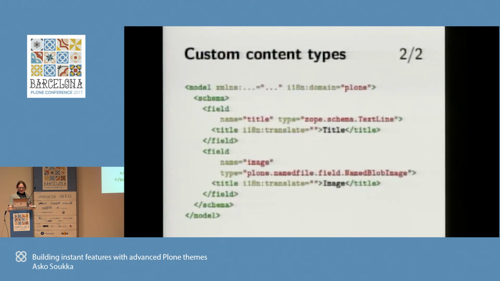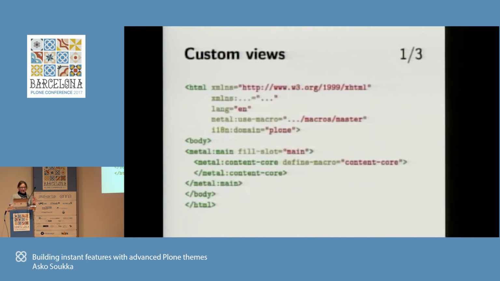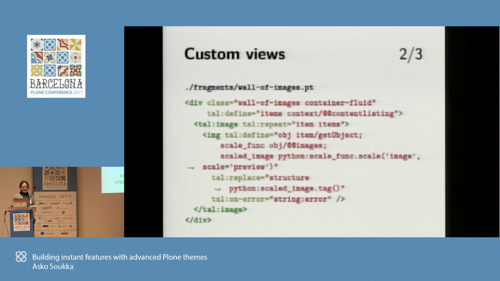And yeah, I'll skip. Content types are XML models, and views are just normal Plone views, and there is a main filling the content core slot, and inside the content core slot for the wall of images, we just get all the images and render them using the Plone images scale to get the resolution we wanted.